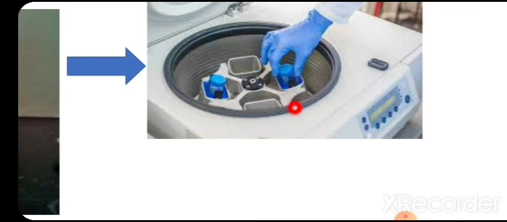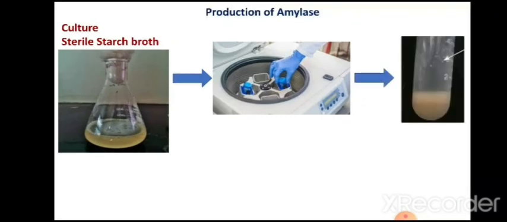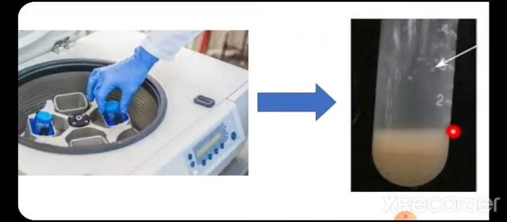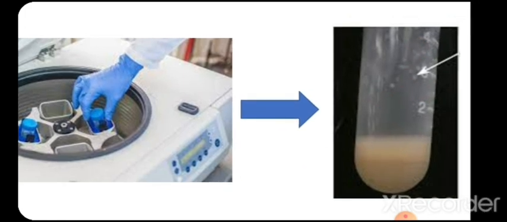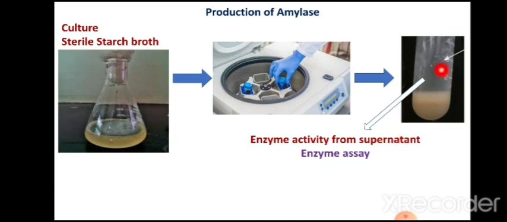As a result, the biomass will settle down, you can see here, and this is the supernatant. This supernatant contains your enzyme, and these are the cells. This supernatant is then separated from the biomass.